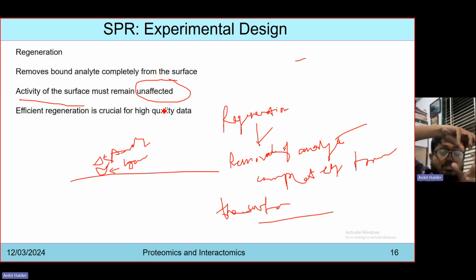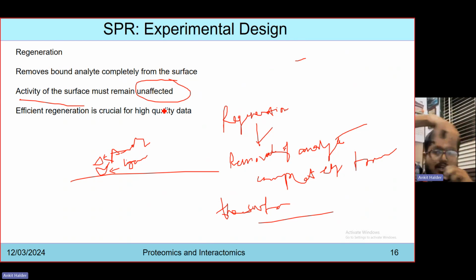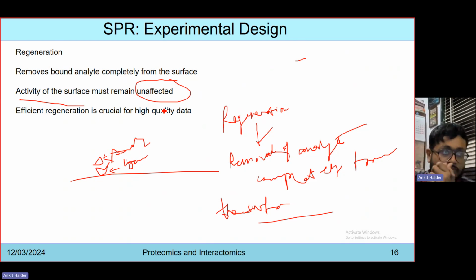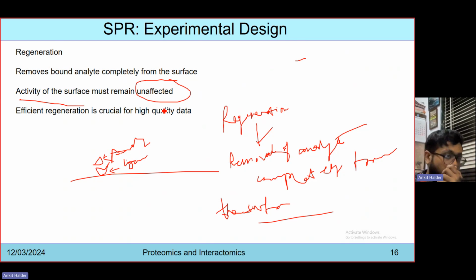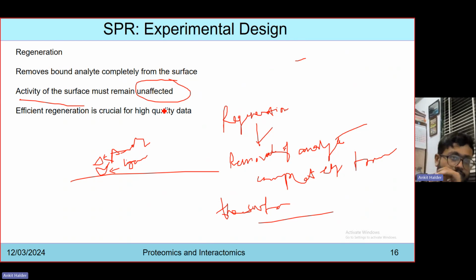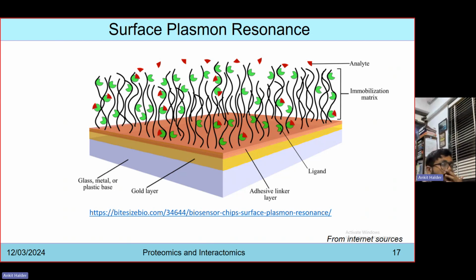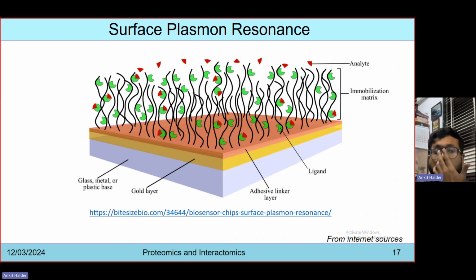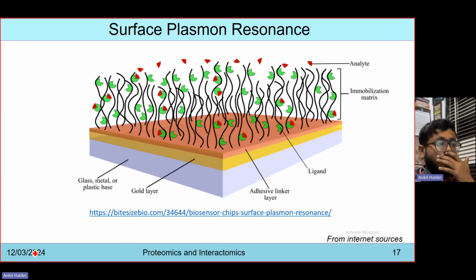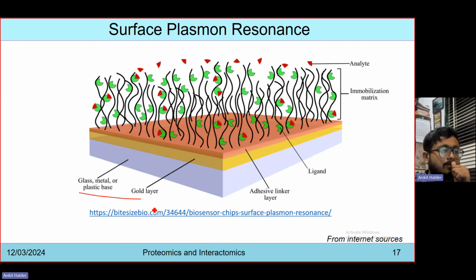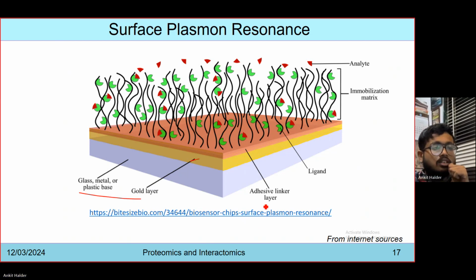So you can visualize that you have the ligand, and you have the analyte bound to it. You are removing the analyte without affecting the activity of the surface, and this is crucial for the high quality data. So this is how a typical SPR setup looks. What we were mentioning is that this is a glass, metal, or plastic based gold layer.